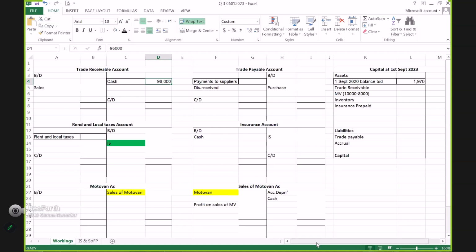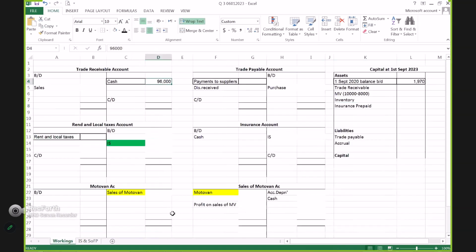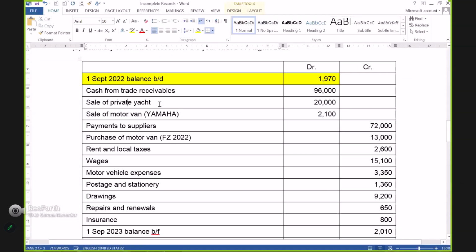Sales of yacht? Capital. It's a capital. Sales of private yacht. Okay, we will see. One by one, we will see.